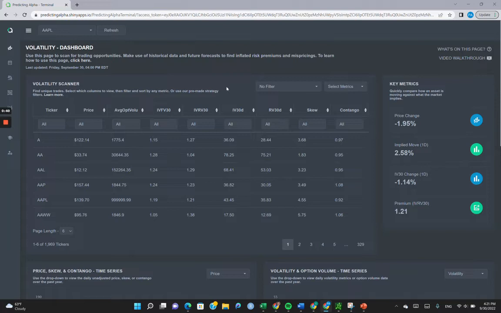And just for pretext, relative value is basically how much one asset is worth relative to another.